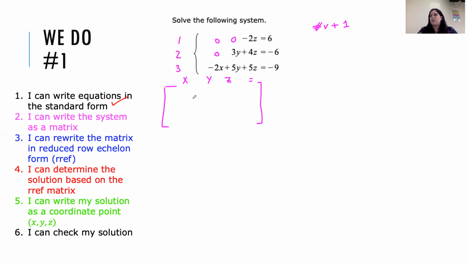So when we write our matrix here for the x column, I have 0 in the first, 0 in the second, and -2 in the third. For the second column, for y, I have 0 in the first, 3 in the second, and 5 in the third. And then for column z, -2, 4, 5, and then the equals column: 6, -6, -9.